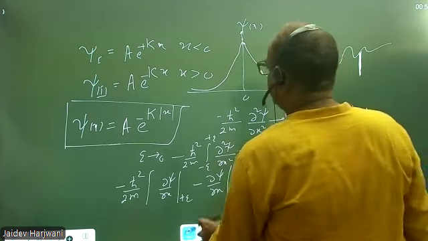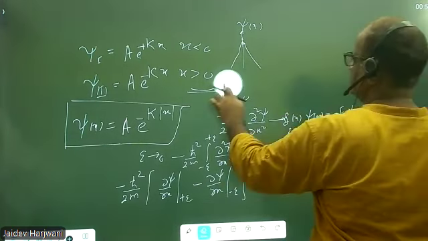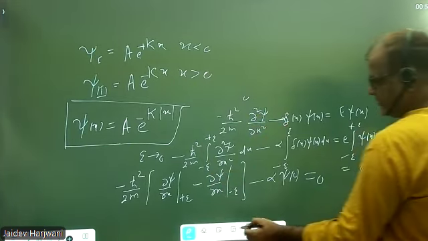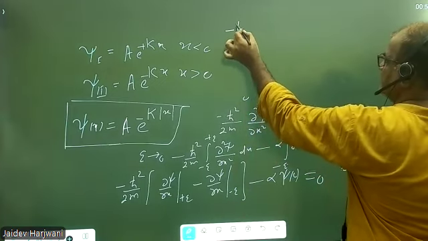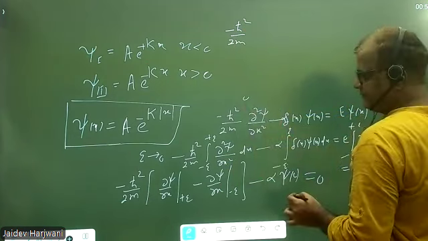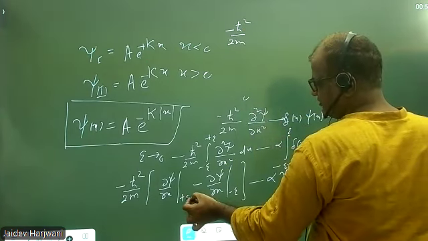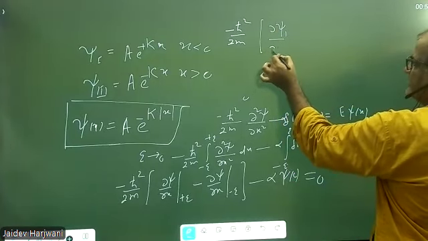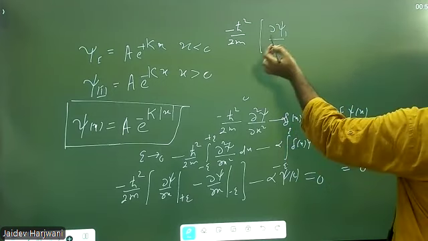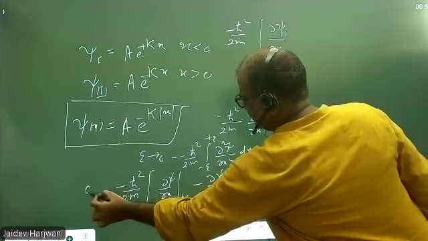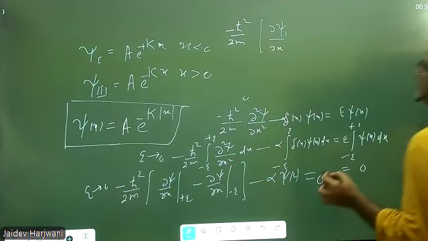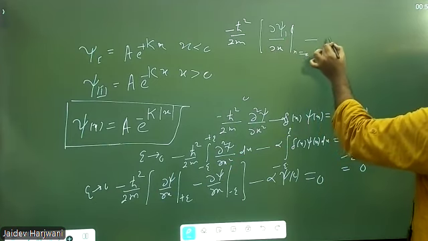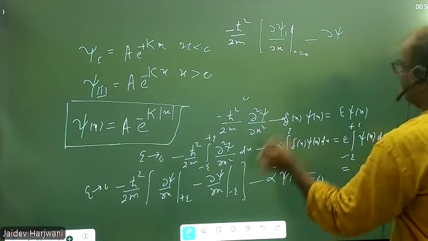So let us now solve this one. We know the values of ψ. This gives me minus ħ² over 2m. Plus ε is region first, so I can write this as ∂ψ₁/∂x at x equal to 0, as ε tends to 0, and minus ∂ψ₃/∂x at x equal to 0, region 3.